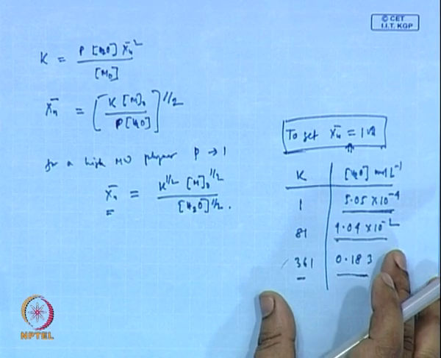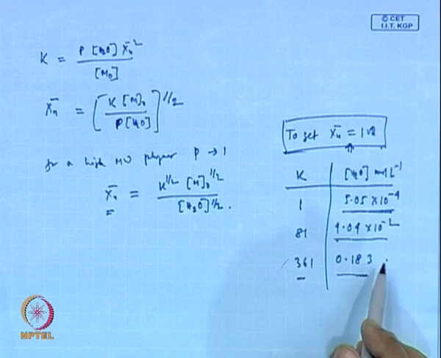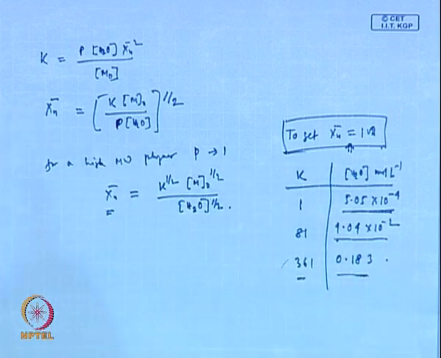Okay. Now, as I said before, for an engineer it is not always easy to build a reactor where you can take out the condensate molecules to the level you want for building the molecular weight.